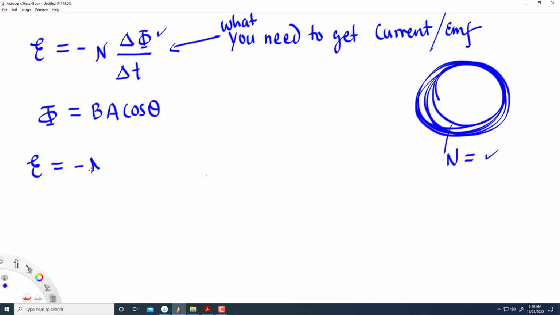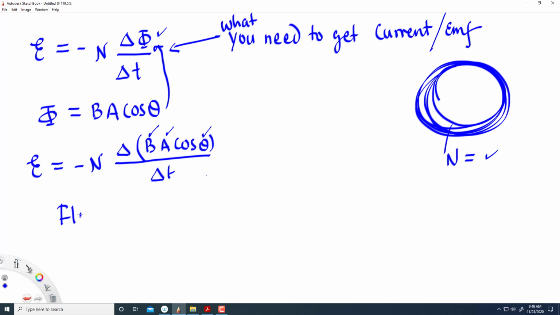E is number of loops times delta phi, where phi is BA cosine theta, over delta t. Okay, I'm just plugging this in this equation, the definition of flux. So to change the flux, we can either change B or A or theta. So there are 3 ways we can change the flux.